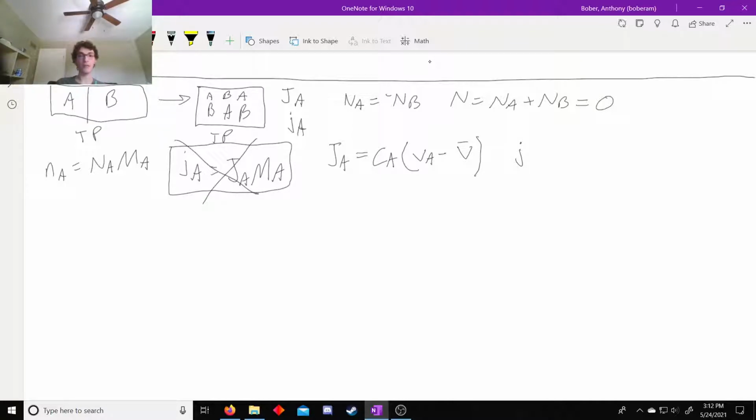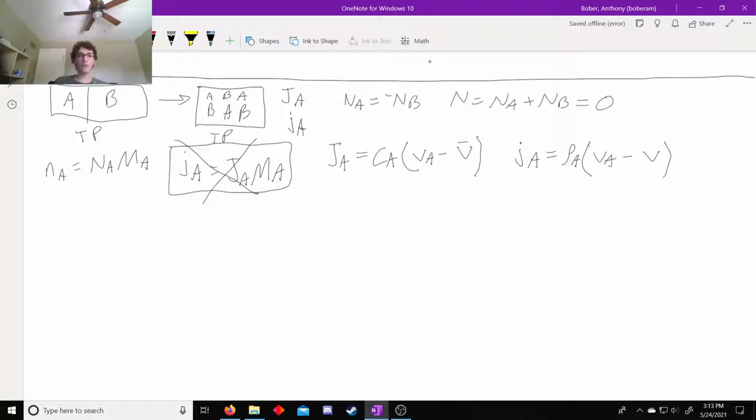For the mass diffusive flux of component A, that will be equal to the mass concentration of component A multiplied by the velocity of component A minus the average mass velocity of everything. Since we want to relate these two variables, the velocity of A term appears in both of them, so this is what we're going to use to relate the two.